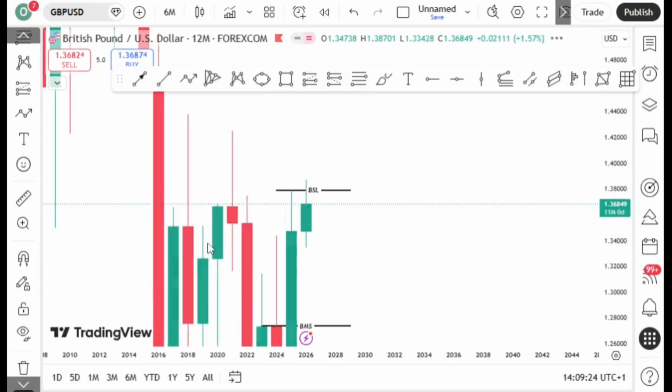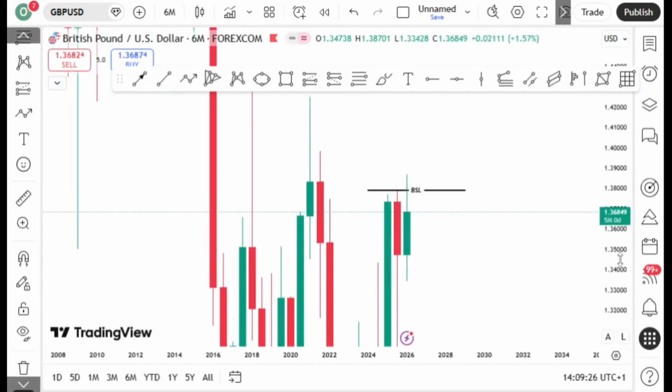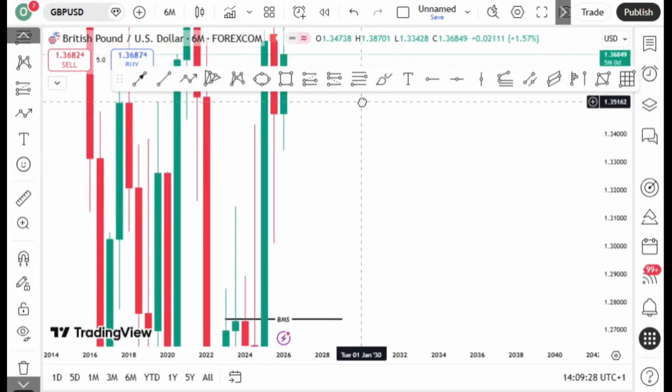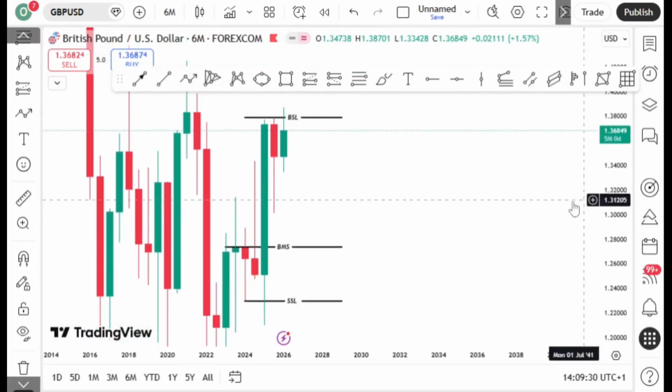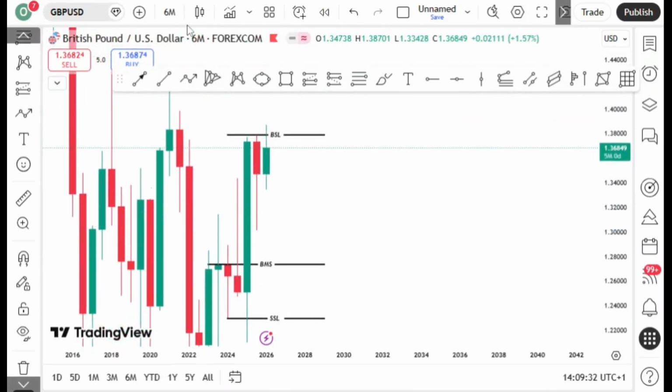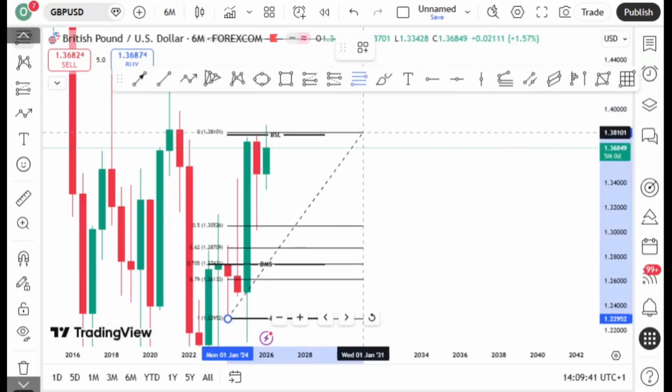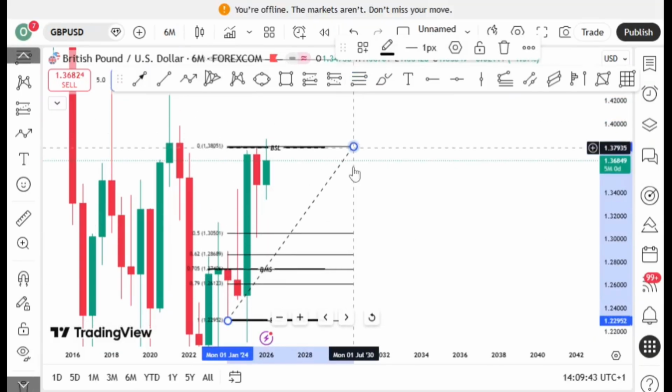Now from the 6 month time frame, we see we have a rejection in here, and currently from our buy side to sell side liquidity, let's draw my fib from low to high. We have 50%.